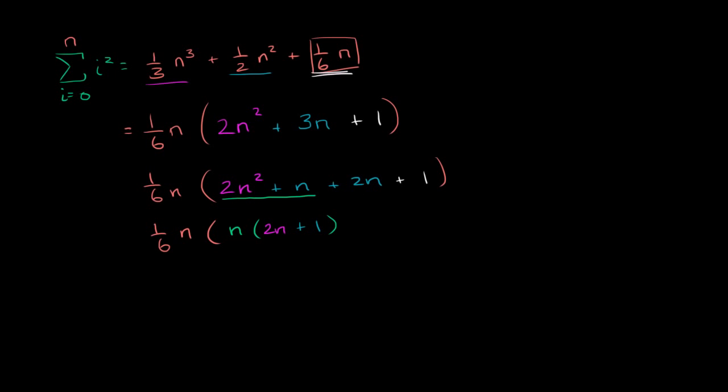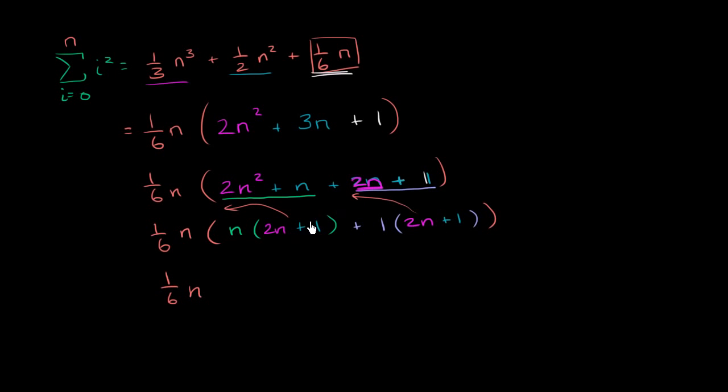And then what I have here, I could write this as plus 1 times 2n plus 1. So 1 times 2n plus 1. And so now you can factor out a 2n plus 1, and this thing simplifies to 1/6 n times 2n plus 1. I'm just factoring out a 2n plus 1.